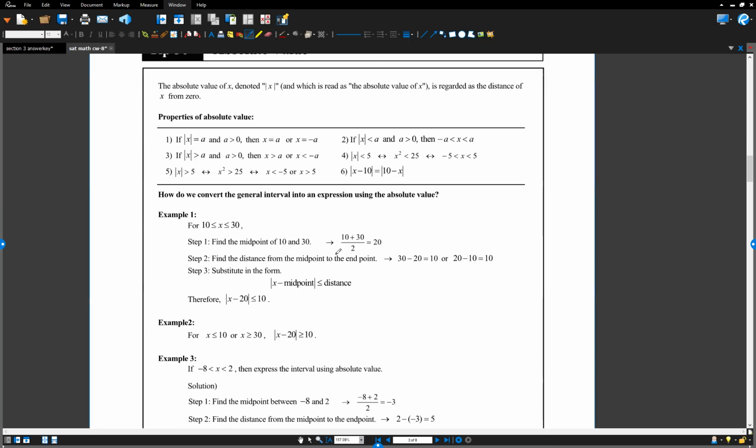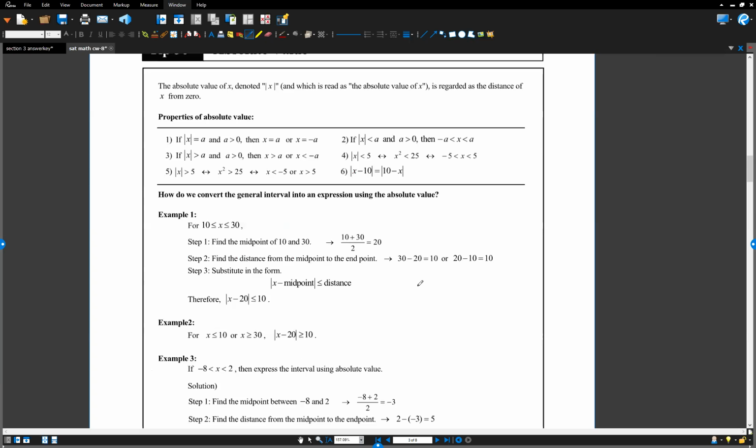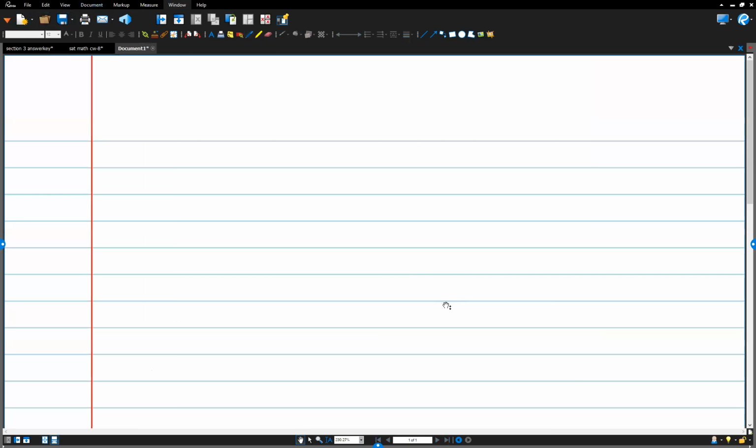All right, now the next one, the absolute value. How to solve the absolute value? First one, when you have equations, the absolute value of capital X equals 10.